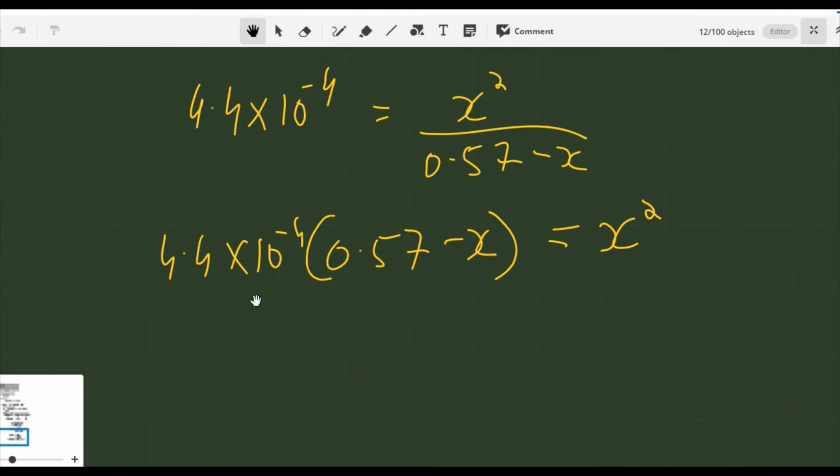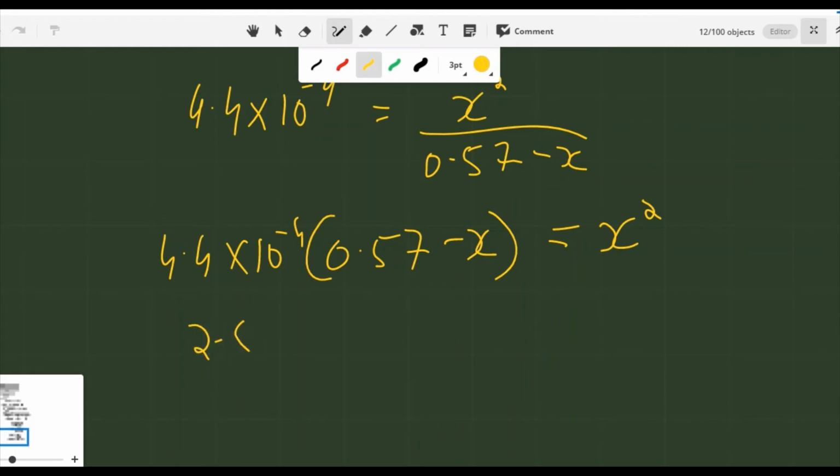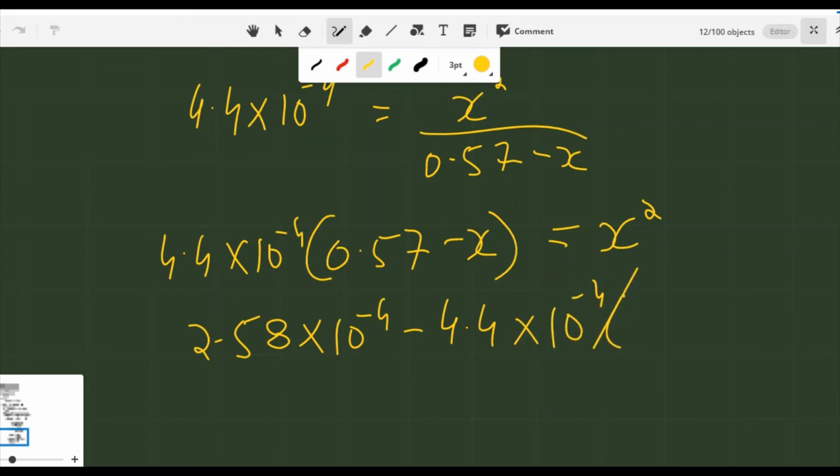Now you need to multiply that. First multiply 4.4 times 0.57, which is 2.58 times 10 to negative 4, minus 4.4 times 10 to the power negative 4 x, equal to x square.